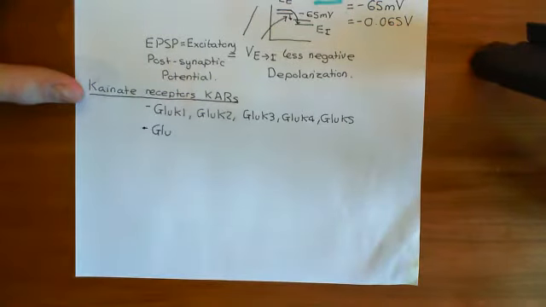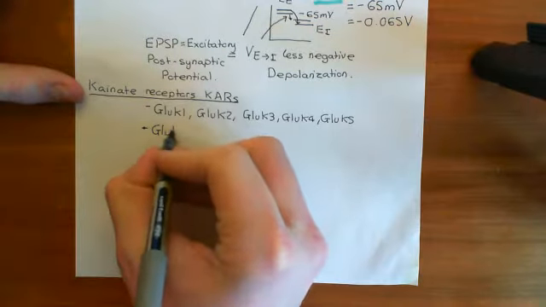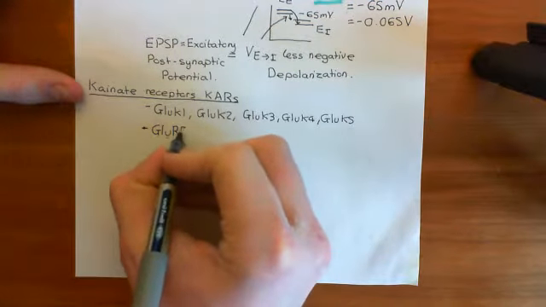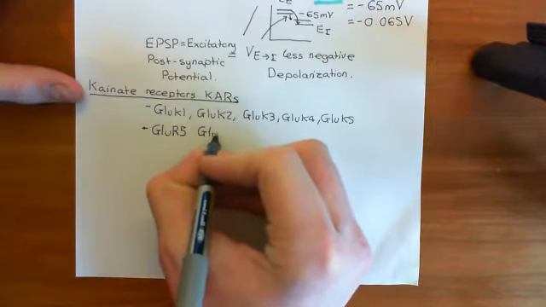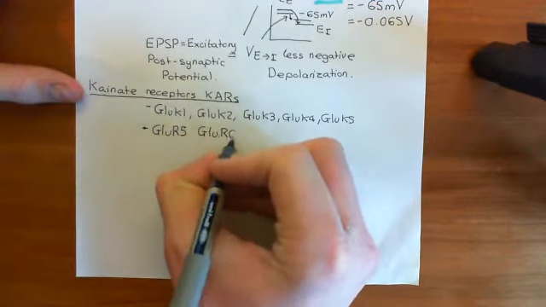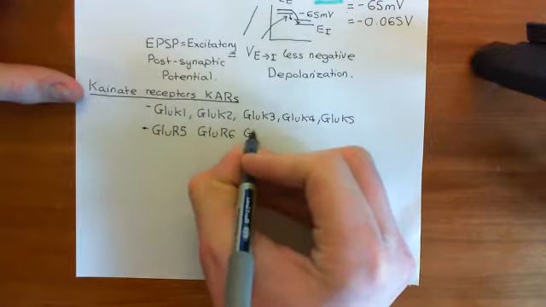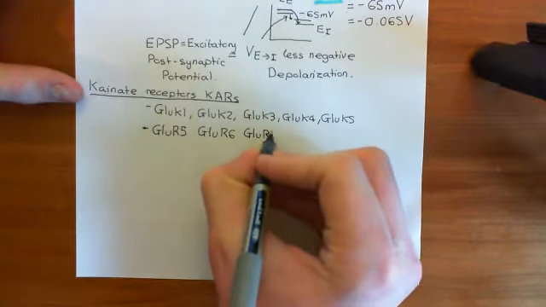Remember when we were discussing the old names for the AMPA receptor subunits, we saw that the GluA1 to GluA4 subunits were called GluR1 to GluR4 in the old naming system. Well, we continue the GluR naming system on. So GluK1 used to be called GluR5, GluK2 used to be called GluR6, and GluK3 used to be called GluR7.